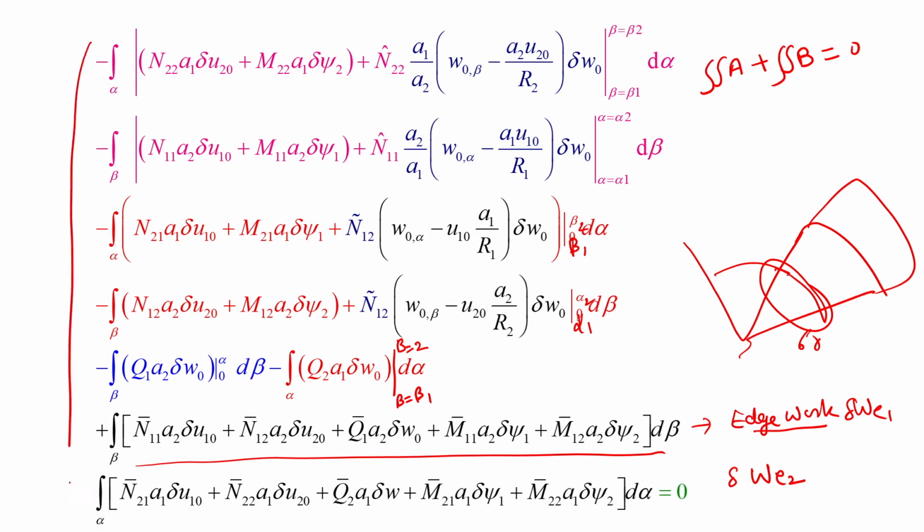So, overall I am going to put integration 0 to t, and at the end dt equal to 0, or t1 to t2.